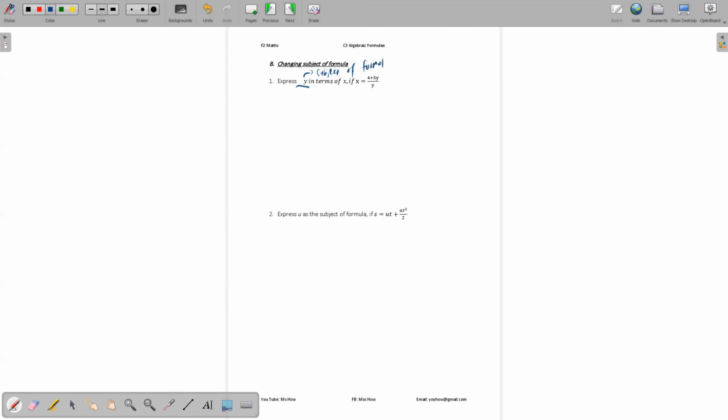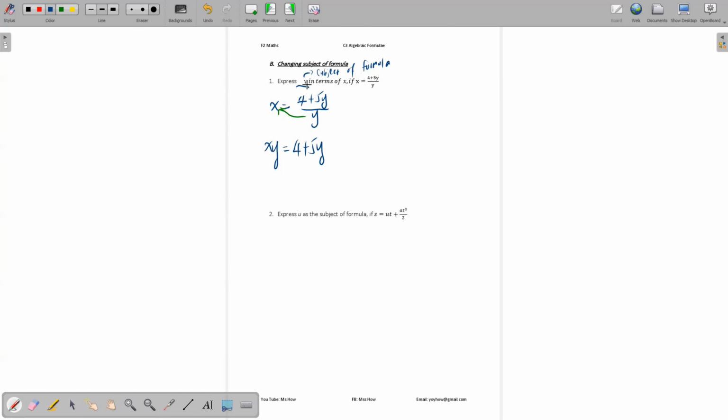So what do we do here? We write the equation down first. x equals 4 plus 5y over y. Since this is not a linear form, we cross multiply the x with y first. So we get xy equals 4 plus 5y.